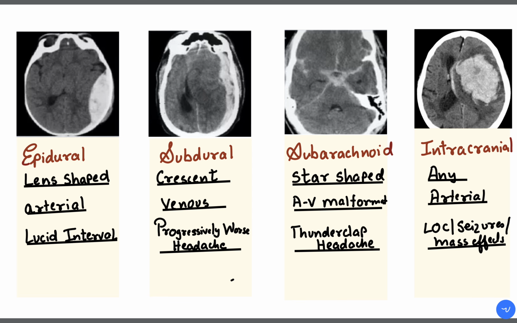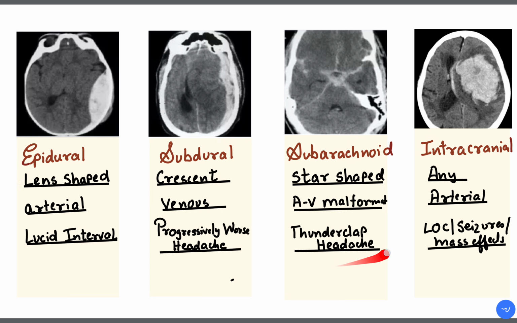Our topic of interest, subarachnoid hemorrhage, shows this classical star-shaped hyperdensity. This is the subarachnoid space wherein our circle of Willis is present, so any rupture of a blood vessel there will lead to accumulation of blood anywhere the subarachnoid space is present. Though we will discuss the causes, here I have written AV malformation, but trauma and rupture of berry aneurysm are the causes of subarachnoid hemorrhage.